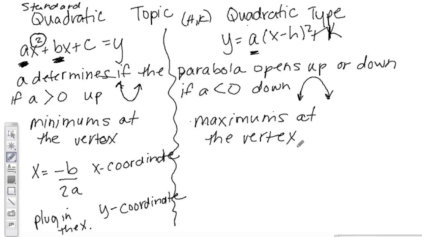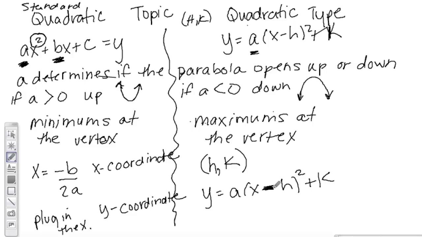If you have a quadratic type that is in vertex form, it's so much easier to recognize what the vertex is because we know that the vertex is h and k. There is a small trick that I do need to point out to you. In the formula, this minus right here tends to trick people constantly.